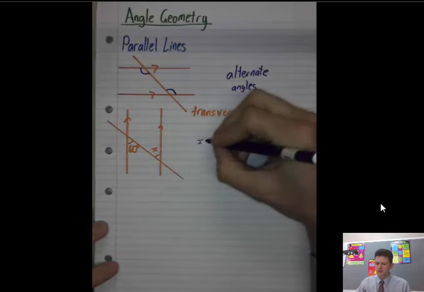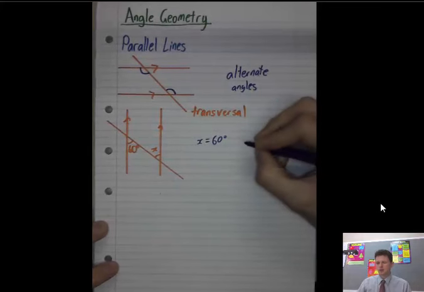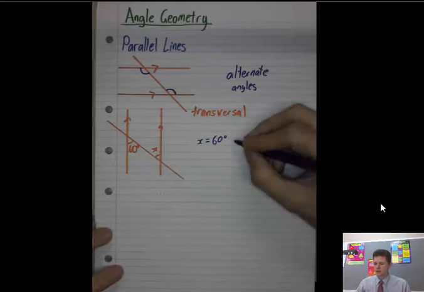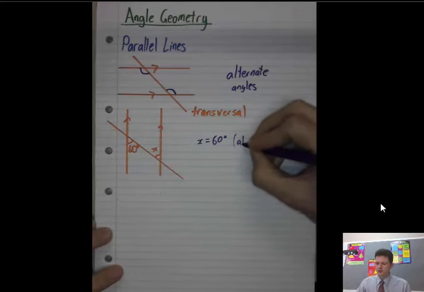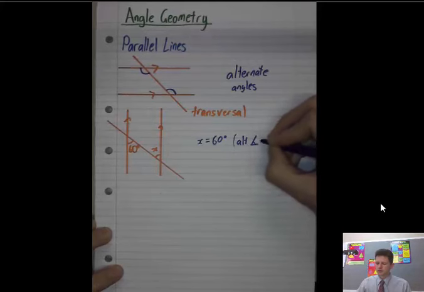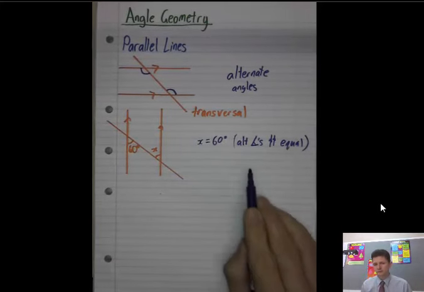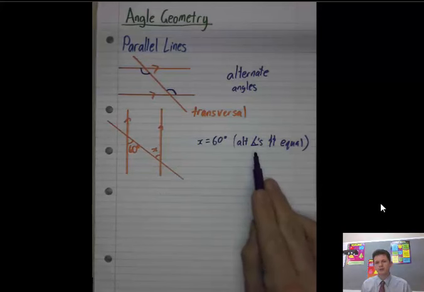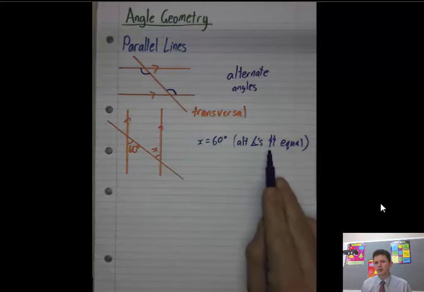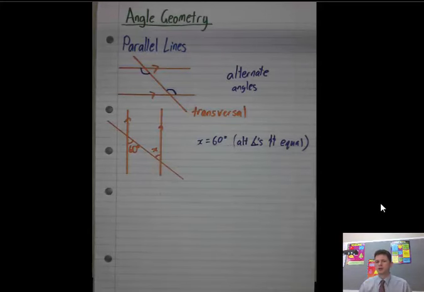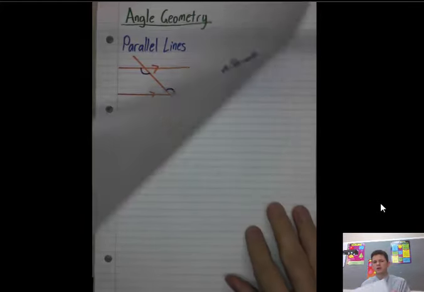So we would say that the angle X is 60 degrees, and the reason is because alternate angles on parallel lines are equal, and we can use a bit of an abbreviation, which is always nice. Okay, so you can see we've got alt for alternate, little angle symbol for angles. That means parallel lines are equal. So alternate angles on parallel lines are equal. And that is your first of the 3 parallel line rules that we need to know.